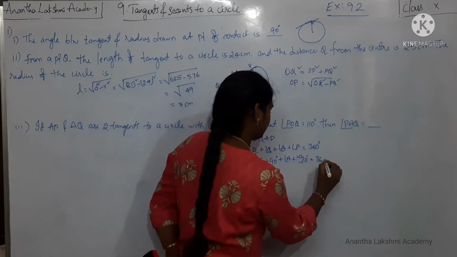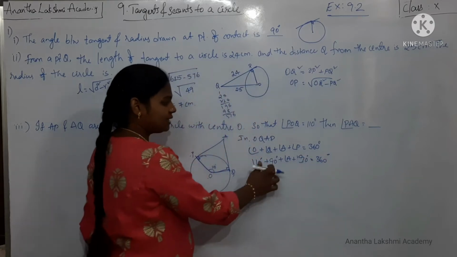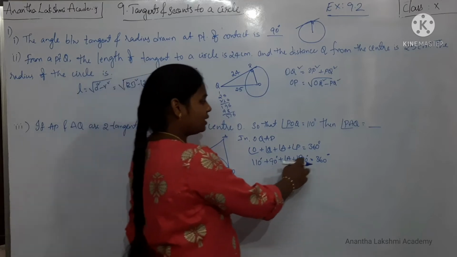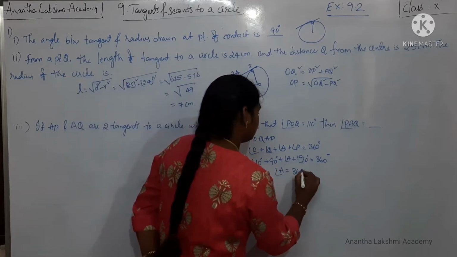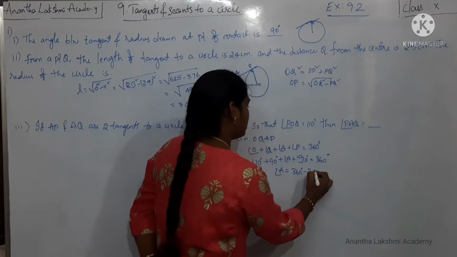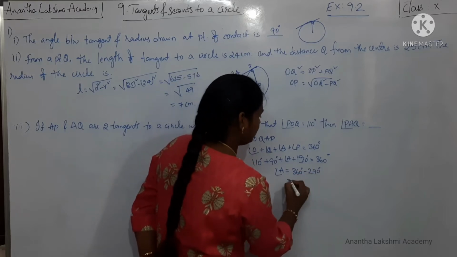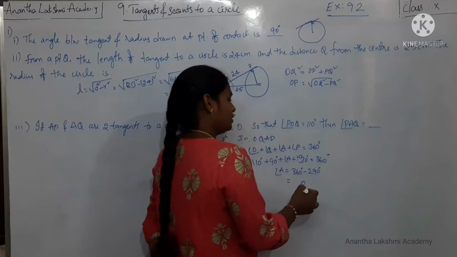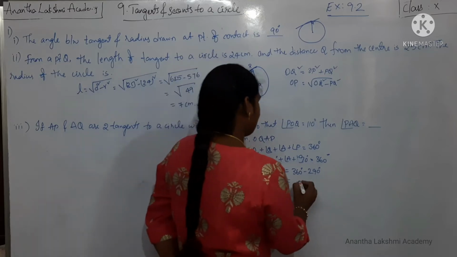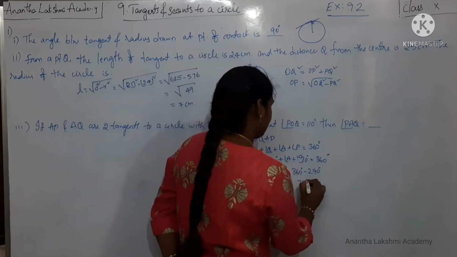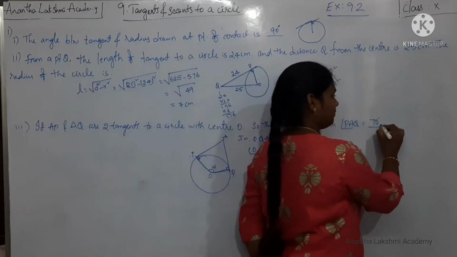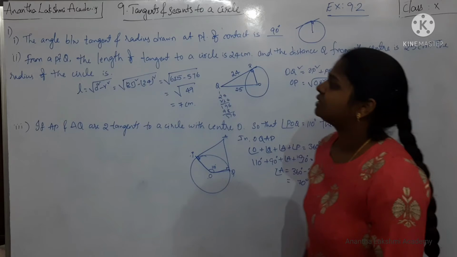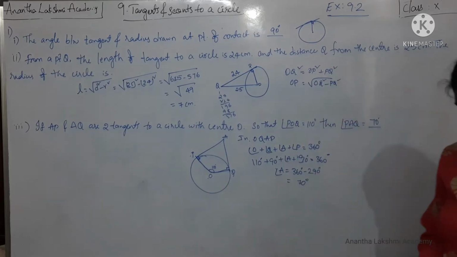So this is 360. Now 110 plus 90 is 200, 200 plus 90 is 290. So angle A is 360 minus 290, so this is going to be 70 degrees. Alright, that is about the first 3 bits of the first problem.